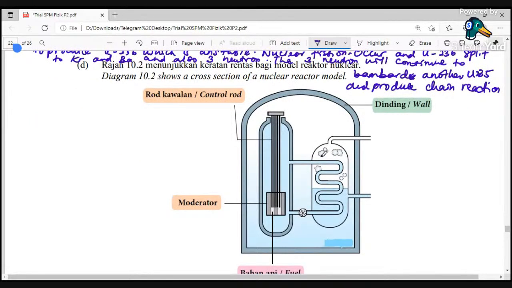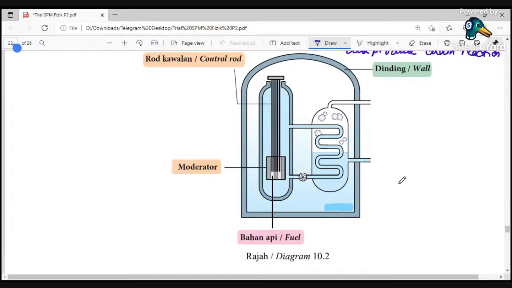Okay, diagram 10.2 shows a cross-section of a nuclear reactor model. You can see there's a moderator, control rod, fuel, and the pipe here, water, the steam coming out, and a very thick wall of the nuclear reactor.